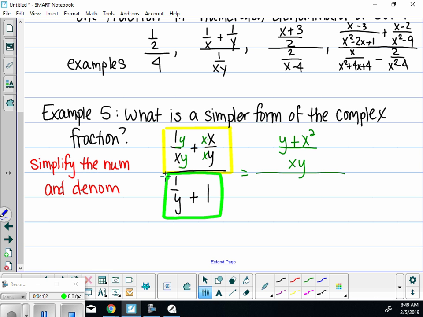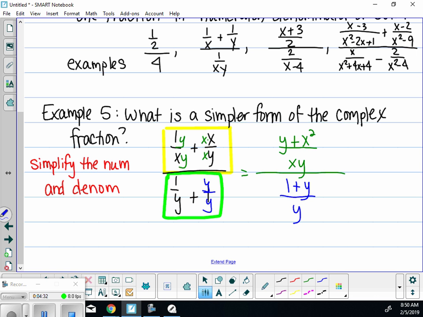We need a common denominator, so we need this to have a y on the bottom, which means it has to have a y on the top. So now I have a common denominator of y, add the tops. So I have 1 plus y over y.